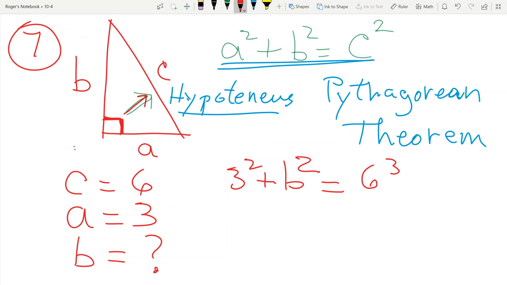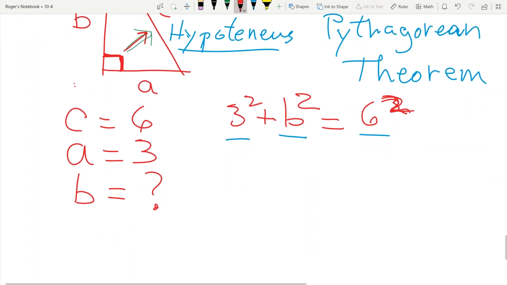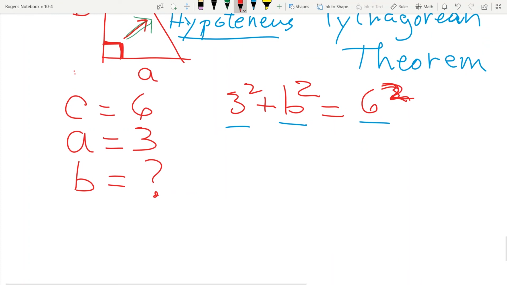How's it looking? A squared plus b squared equals c squared. A is 3, so 3 squared plus b squared equals c squared, and c is 6. Why did I put cubed? I have no idea. Guys, this is a squared. 6 squared, okay? Now, let's solve this thing for b.